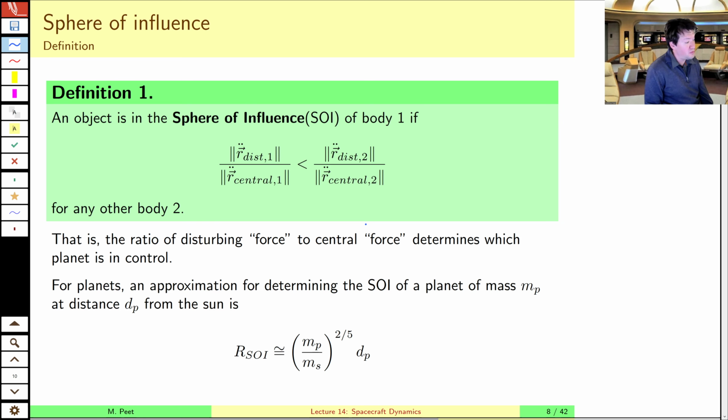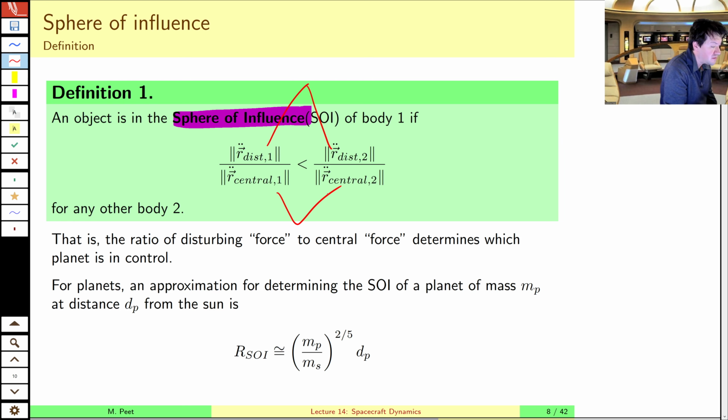So now we define formally our sphere of influence model, which is basically what I was saying. When the ratio of the disturbing accelerations over the Keplerian acceleration is greater than some threshold, then you're out of the sphere of influence.